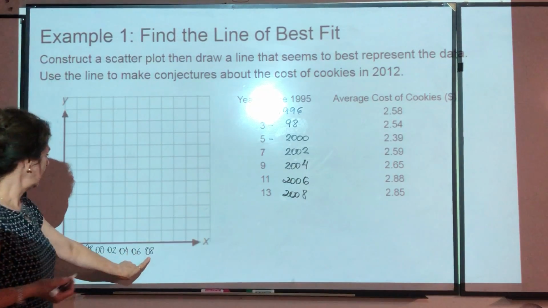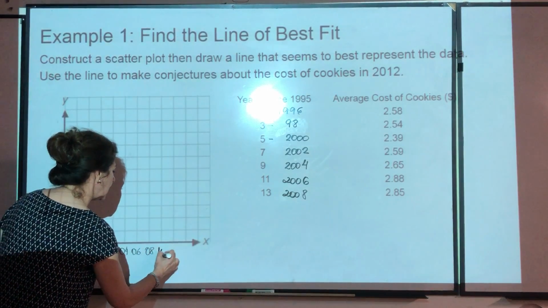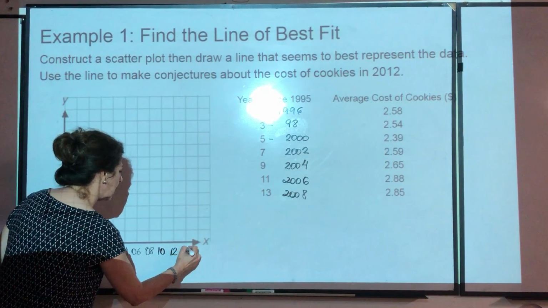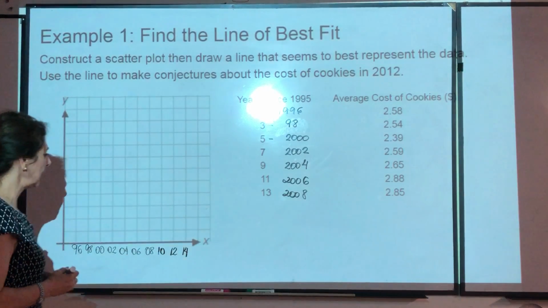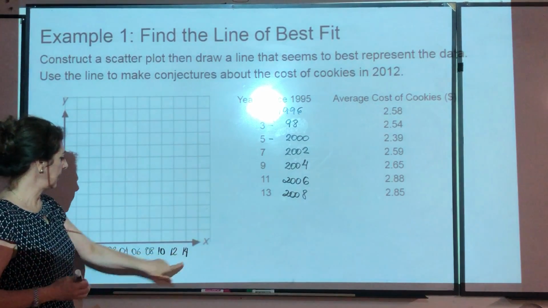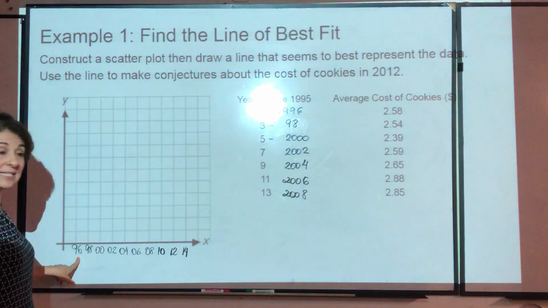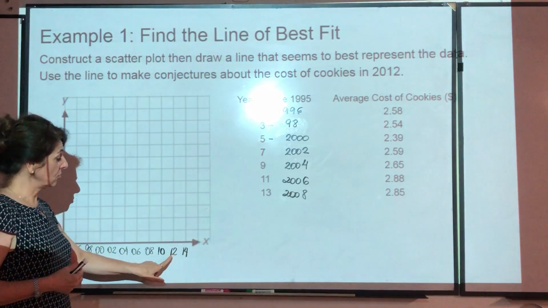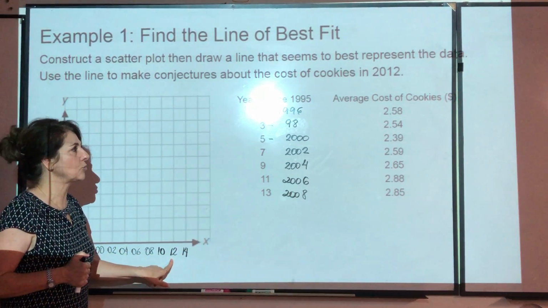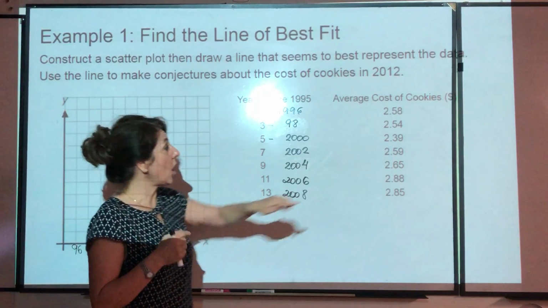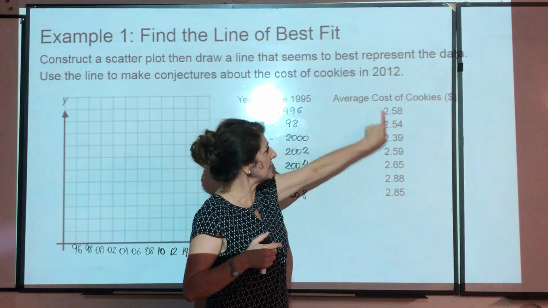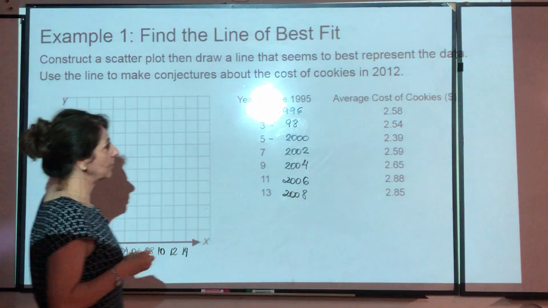So let's see, 2008, 10, and 12. We have room for a little bit more, so I just wrote a little bit more. From 1996 all the way to, actually we just need 2012. So let's plug the cost of the cookies into our scatter plot here.